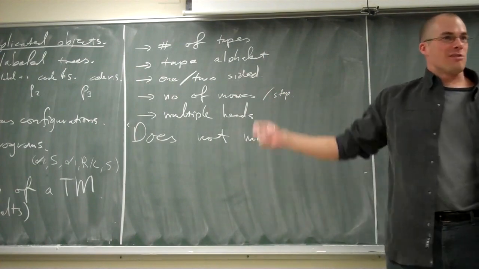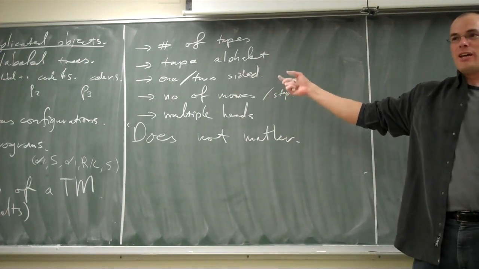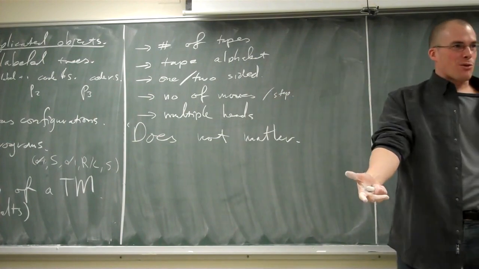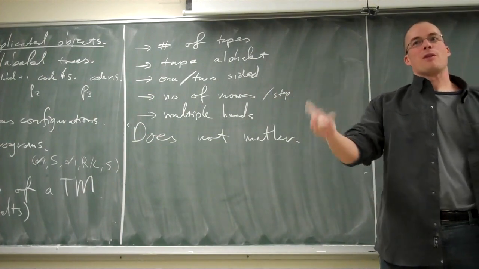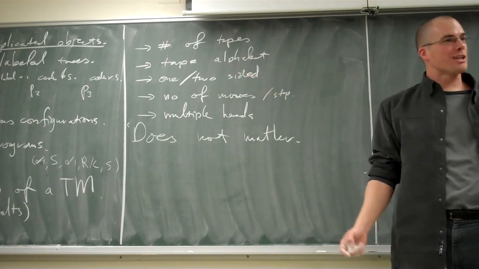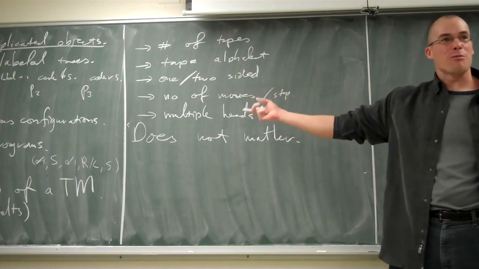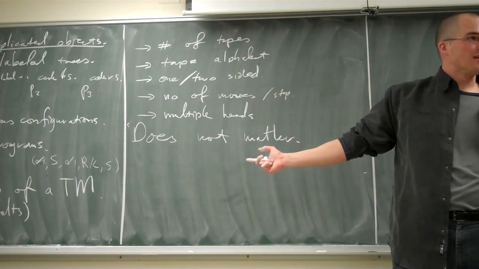Number of moves per step. Think about it for a moment and convince yourself that if I give you a Turing machine program which uses some instructions like move left 481 steps and move right 481 steps, then you can write a Turing machine program in our alphabet which does exactly the same thing.